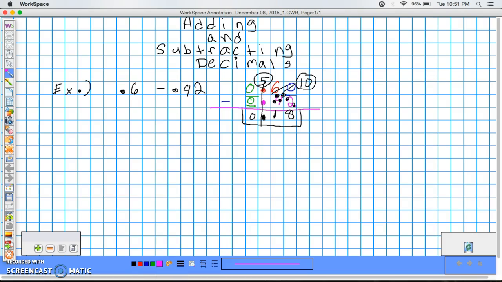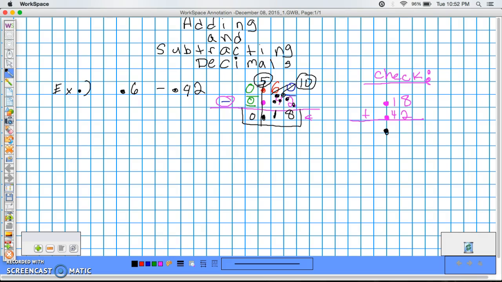Now if you're going to check your work, you would just do the opposite of subtraction. The opposite of subtraction is addition. So you go ahead and add your numbers. We're going to get our difference, 18 hundredths, and we're going to add it to 42 hundredths. And again, make sure that your decimals are lined up.